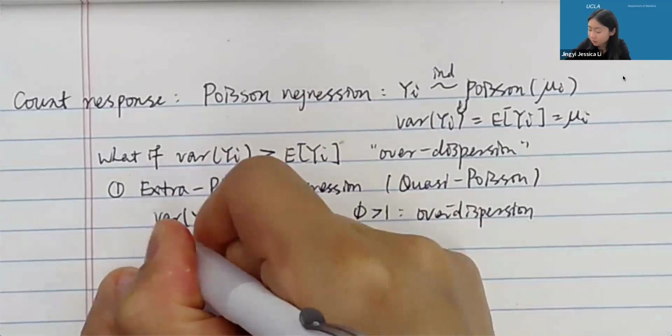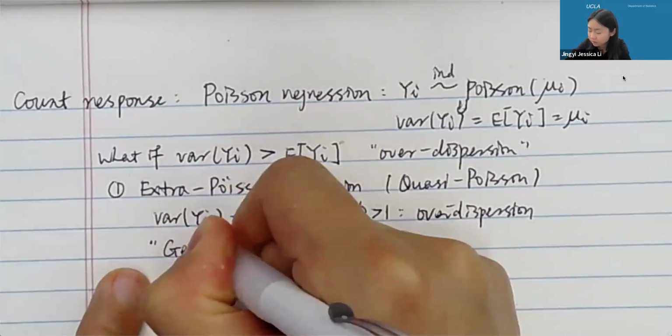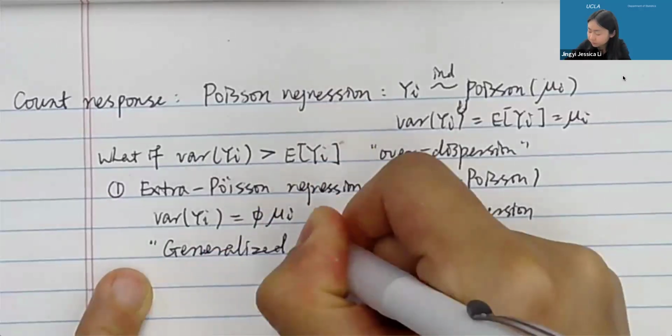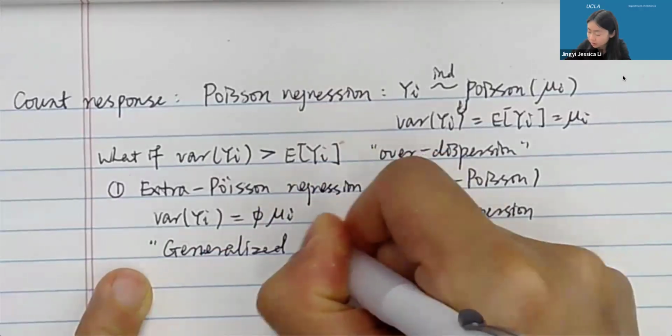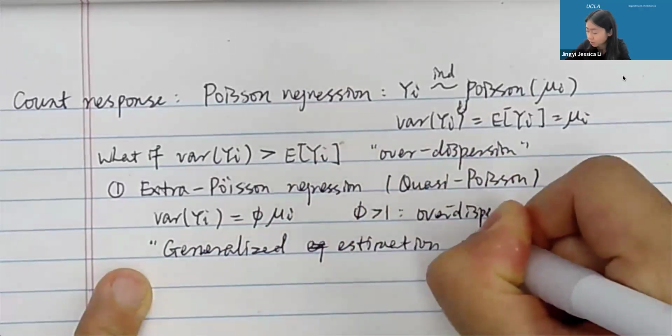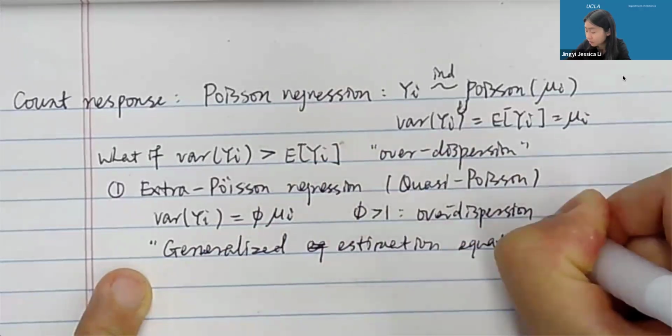It's something very interesting called generalized estimation equation. Okay.